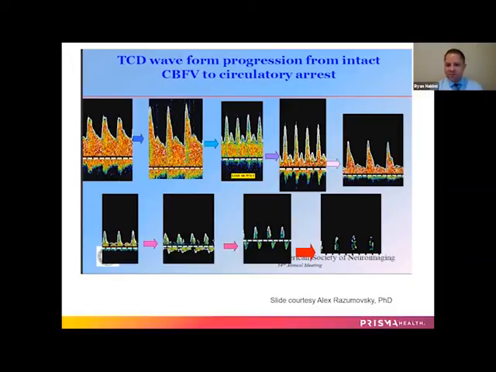Therefore, you always need to establish a baseline study that shows that the patient has cerebral blood flow in all of the appropriate windows.